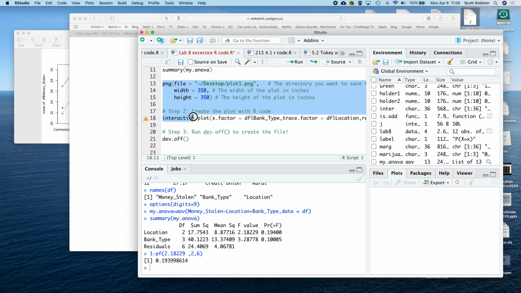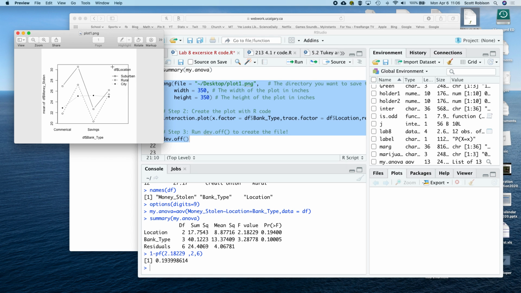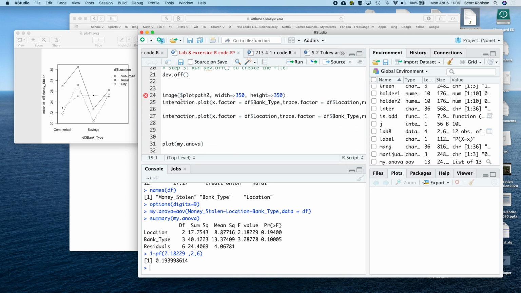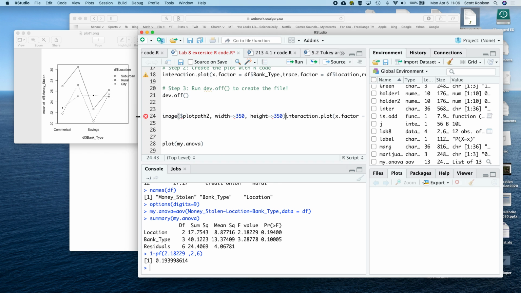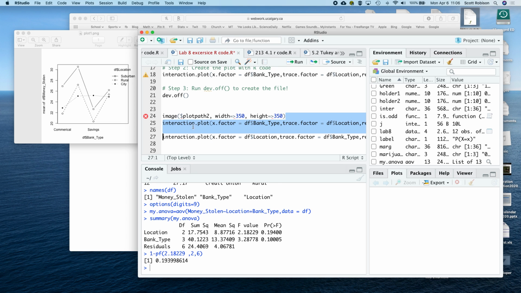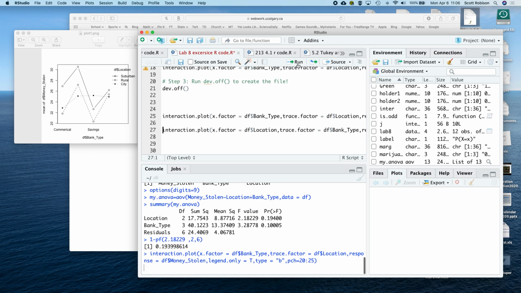This particular code actually creates a PNG file, which is nice because it keeps the legend looking nice. However, you can also just run the code in R without having to make a picture file.